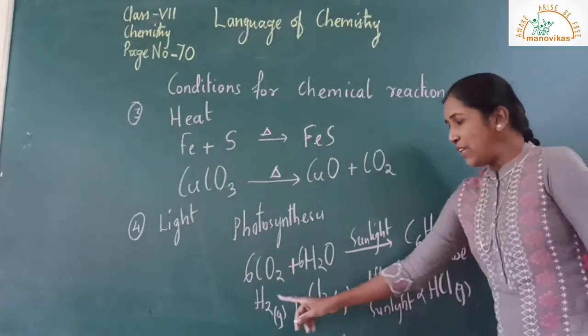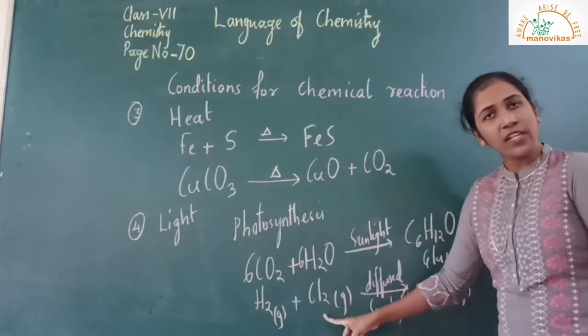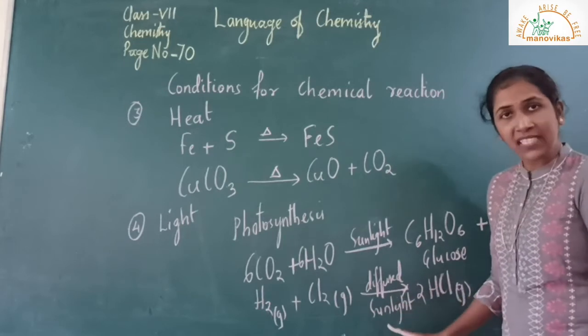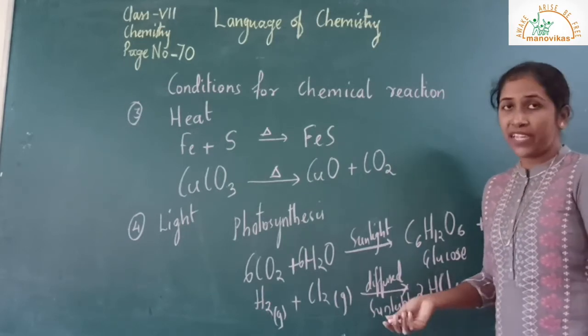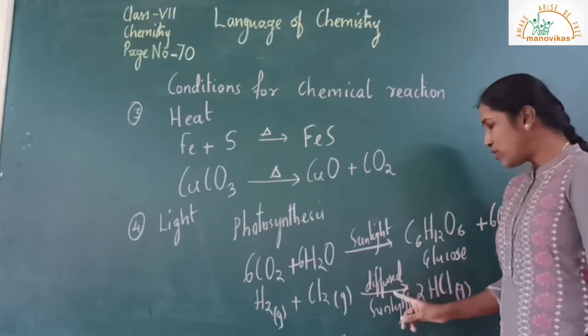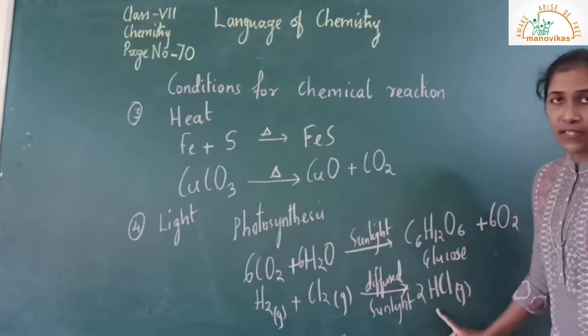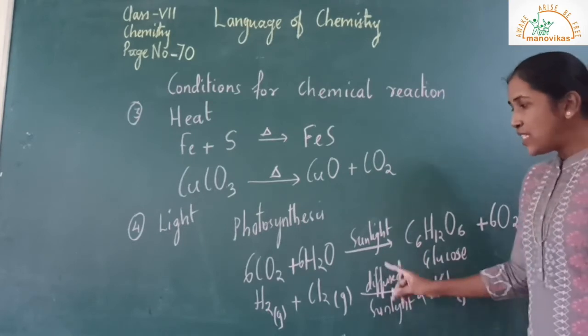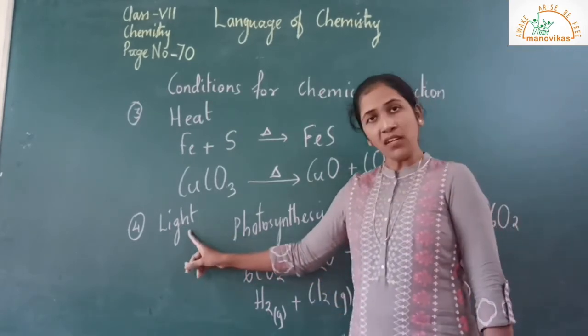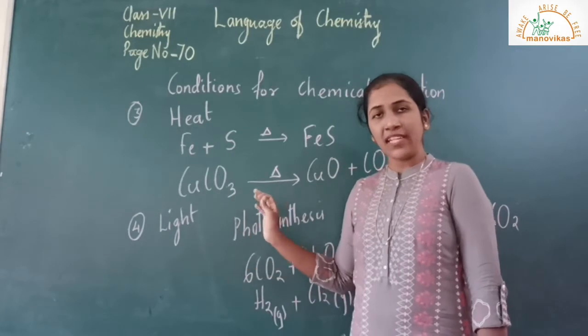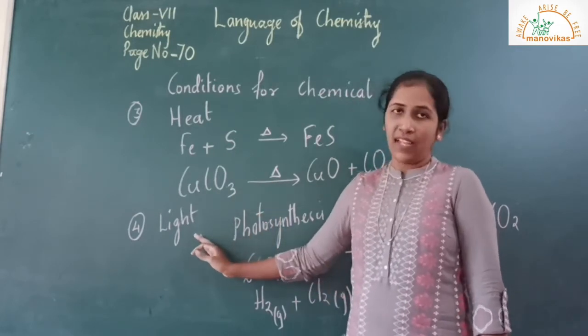Now if this hydrogen gas comes in contact with chlorine gas in presence of direct sunlight, then an explosive reaction can take place. Because of that, diffused sunlight is used, wherein what we get is hydrogen chloride gas. So these are the examples which come under light. That is, the chemical reaction can take place in presence of light.